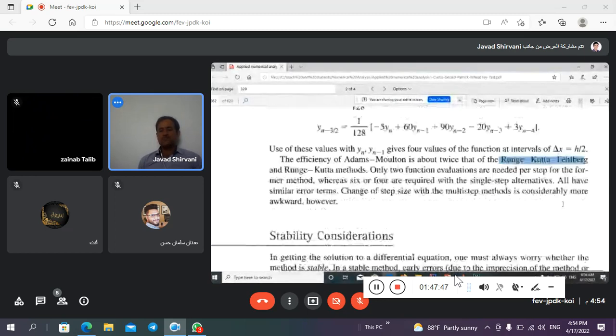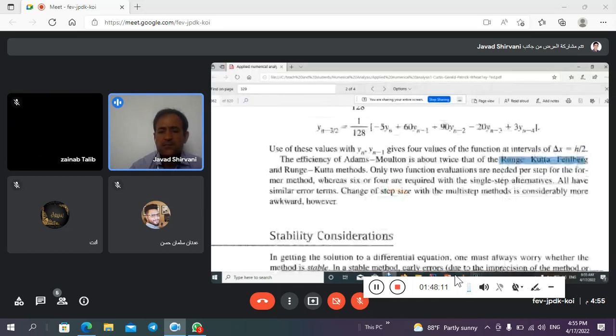And as you can see, these approaches are easy to code in a computer. The next subject that I want to talk about is stability consideration.